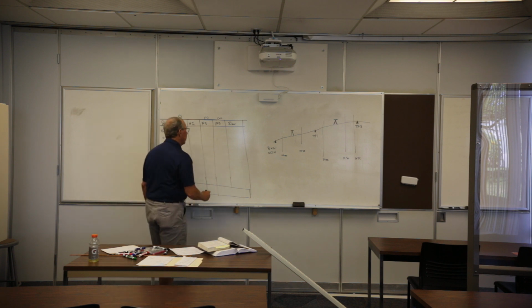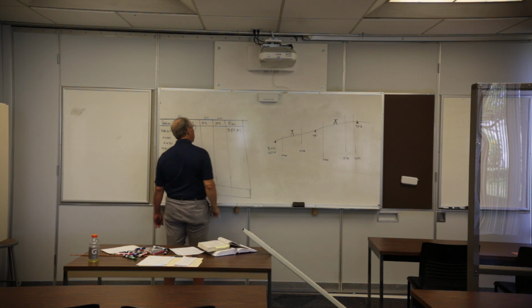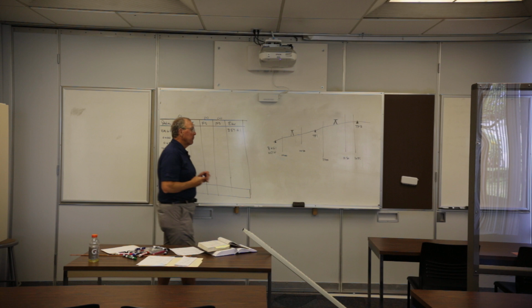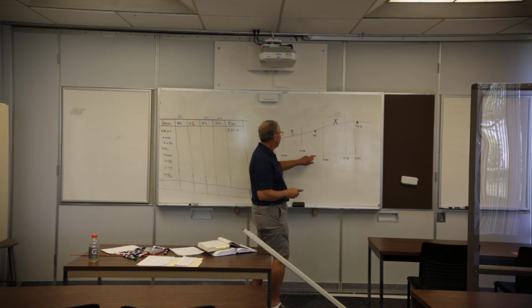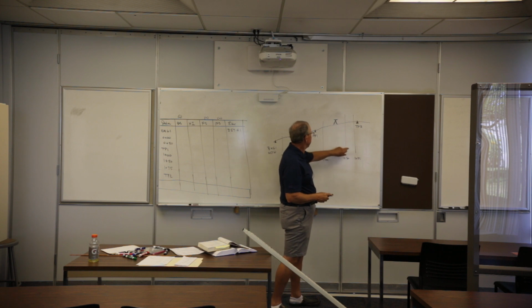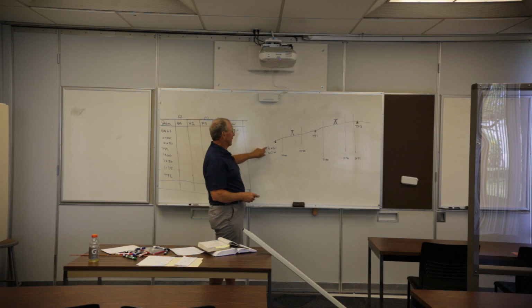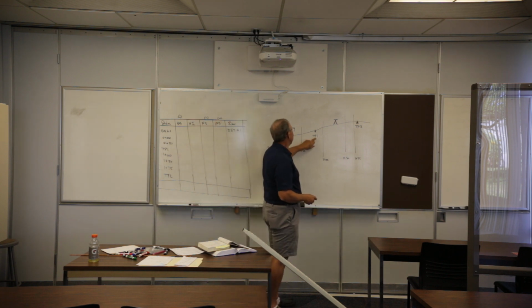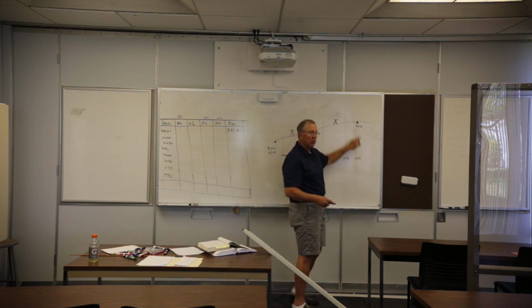We're given this elevation. Okay, hopefully you see what I did. I just started from left to right, stopped at every station. Okay? BM61, 0 plus 00, 0 plus 50, TP1, 1 plus 00, 1 plus 50, 75, TP2.